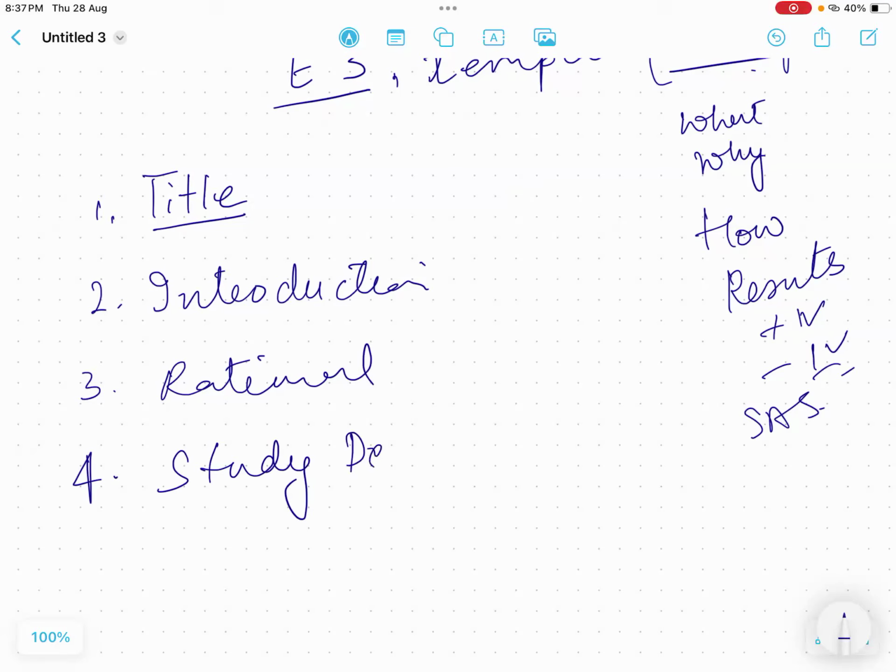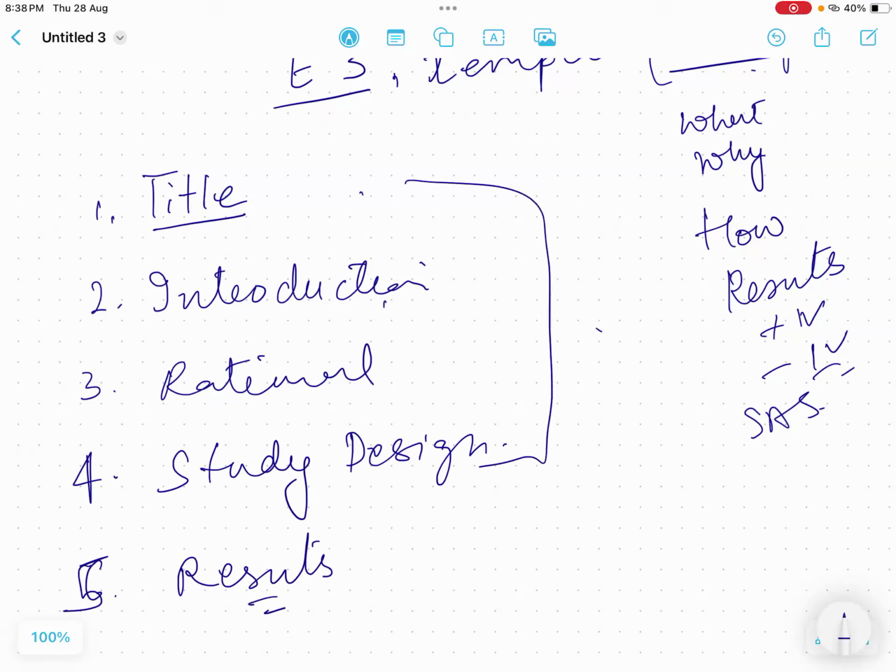Study design, right? Methodology. And after this section, you will start seeing the results. Lots of sections like title, introduction, rationale, study design, you will copy from the protocol. The only thing is the change in language, right?